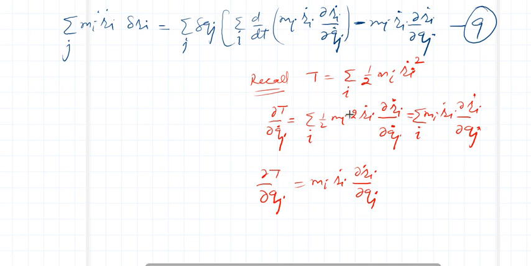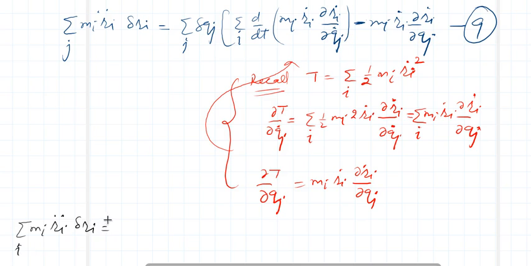So using these values in equation number 9 here, this equation number 9 will become summation over i of m_i r_i double dot delta r_i.